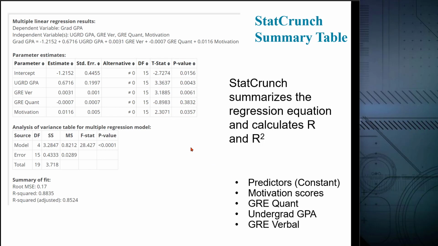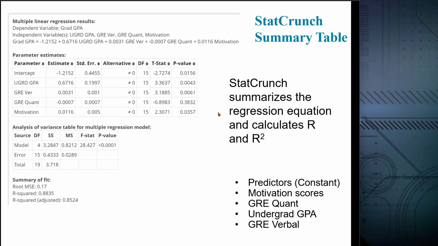From the StatCrunch output, we can see all the results, including the regression equation, the p-value of the overall regression, the R-squared value, and the F statistic it calculated. Using the regression equation it calculated, you can see the A value or intercept and all the weighted contributions by variable.